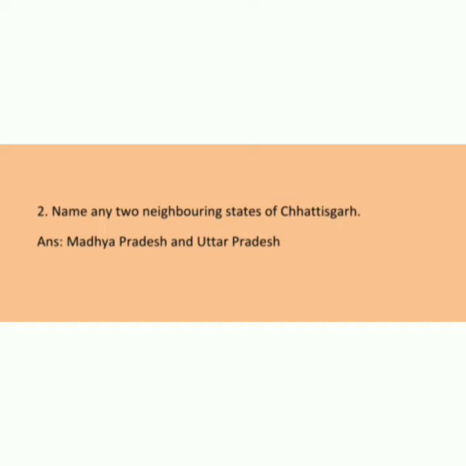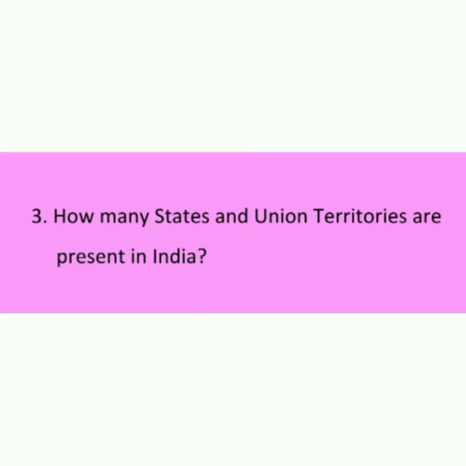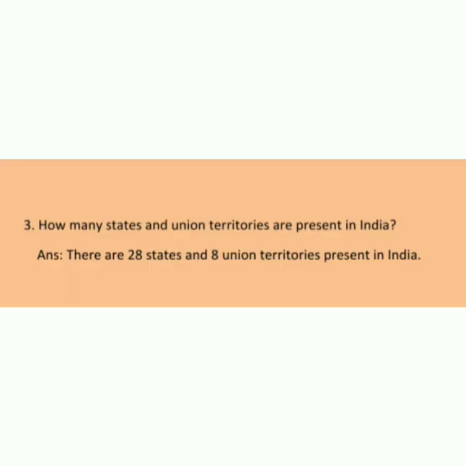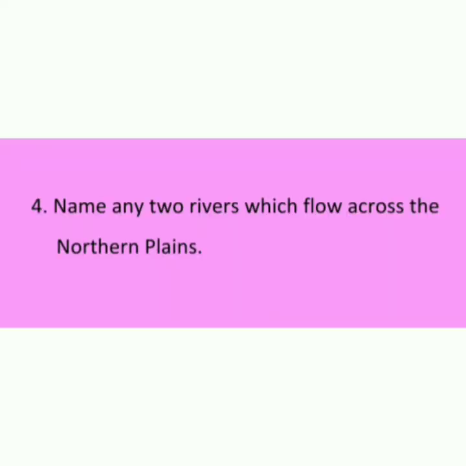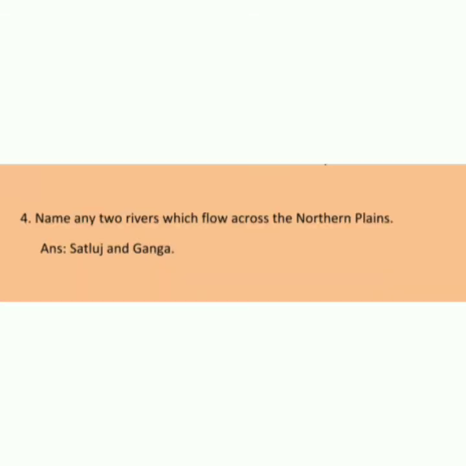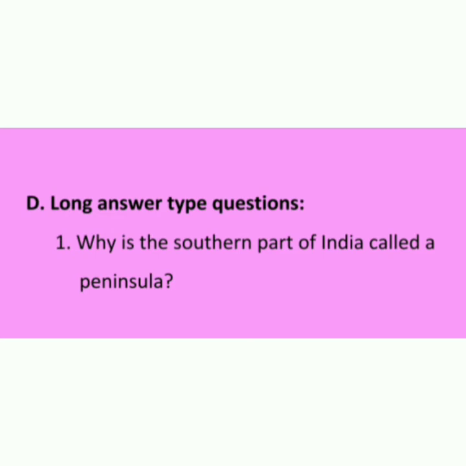Third, how many states and union territories are present in India? Answer is there are 28 states and 8 union territories present in India. Fourth, name any two rivers which flow across the northern plains. So the answer is Satluj and Ganga. Now the long answer type questions.